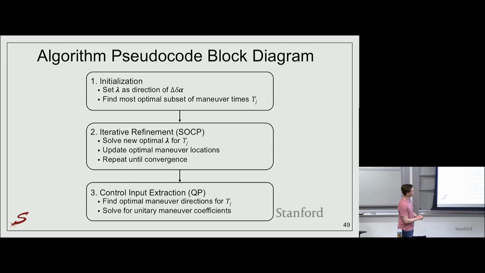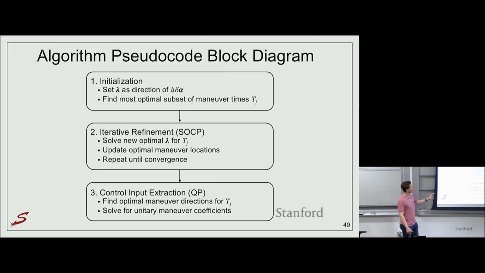So then for a numerical algorithm, the algorithm proceeds in basically 3 steps. You initialize by taking an initial guess of lambda, or the outward-facing normal of the reachable set, as the direction of the desired pseudostate. You then find the most optimal subset of maneuver times for this choice of lambda.